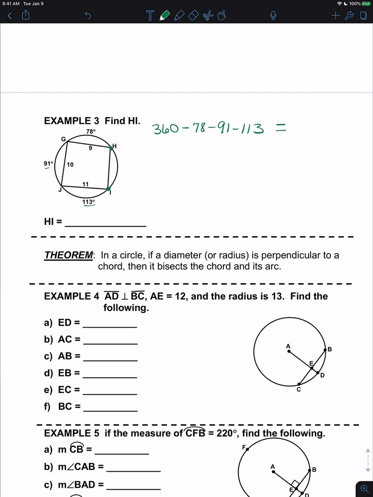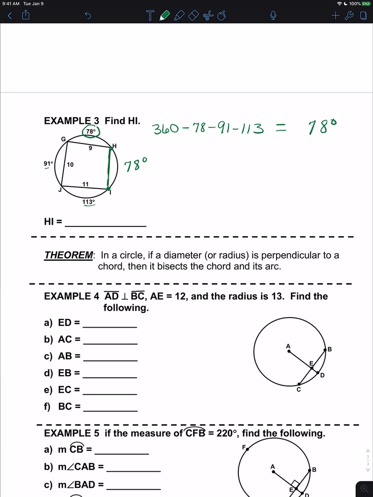That's 78 degrees. So the arc from H to I is 78 degrees, but it's asking for the length of this. Well, we know that if the arc measurement is the same, then the chord also has to be the same.